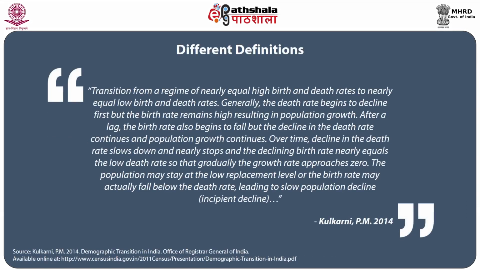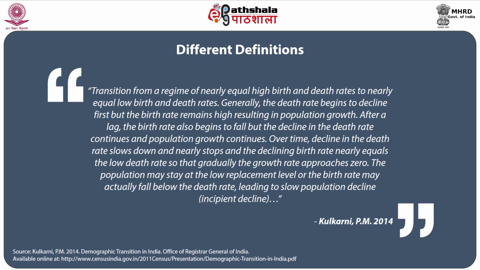Kulkarni in 2014 in his paper has described the transition from a regime of nearly equal high birth and death rates to equally low birth and death rates. Generally the death rate begins to decline first, but the birth rate remains high, resulting in population growth. After a lag, the birth rate also begins to fall, but the decline in the death rate continues and population growth continues.